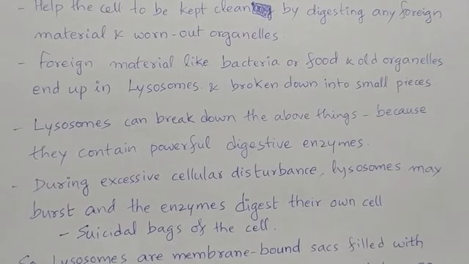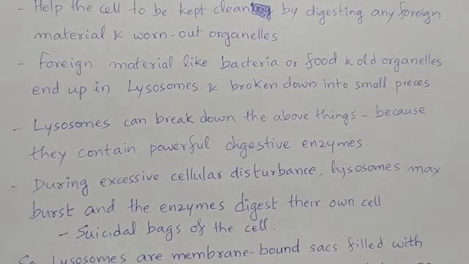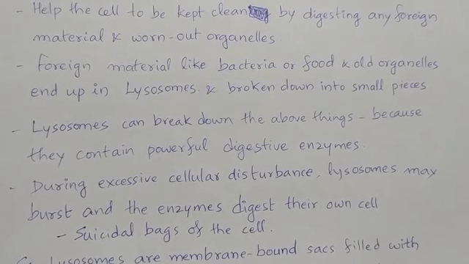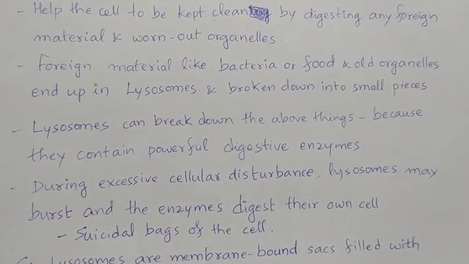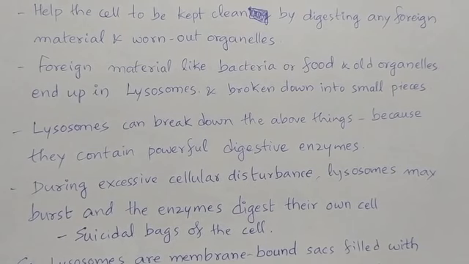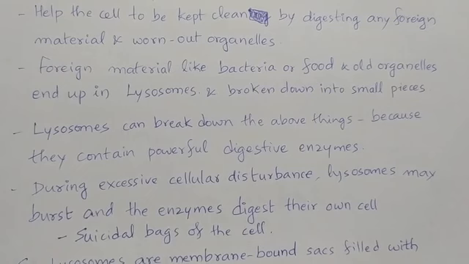Because during excessive cellular disturbance, lysosomes may burst out and the enzymes present in them are released and digest their own cellular contents and cause the killing of the cell. So lysosomes are called suicidal bags of the cell.